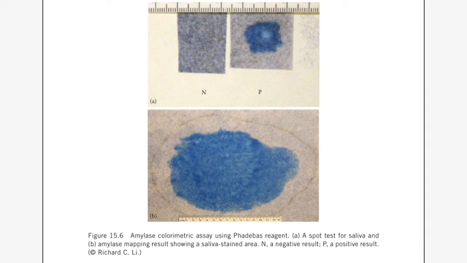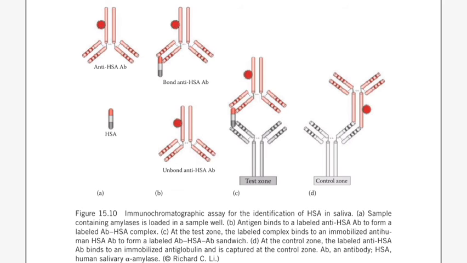And we can also go for ELISA, enzyme linked immunosorbent assay. In this technique, we use the anti-HSA antibody. So the antibody coating is done in the well, and then we apply the antigen. In the ELISA technique, first of all, an antibody coating is formed on a polystyrene plate.